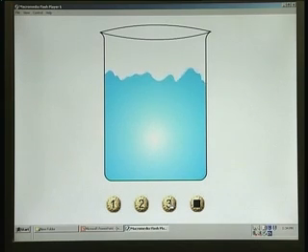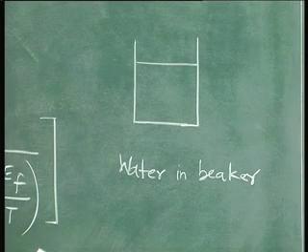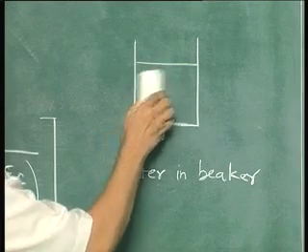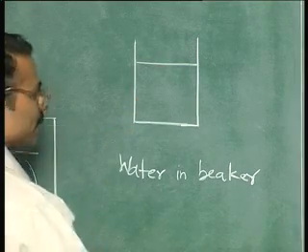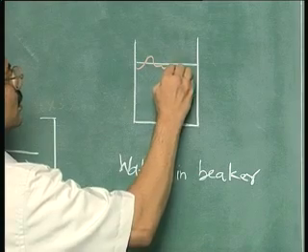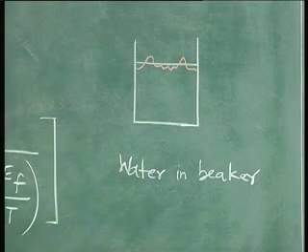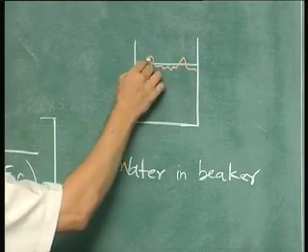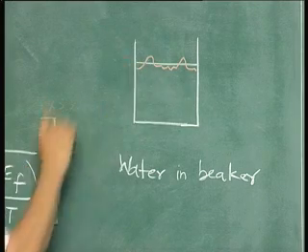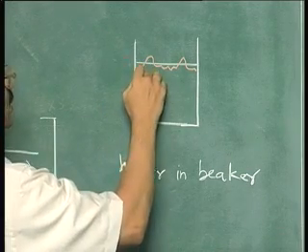So what we are saying here is, if this is the picture when no agitation is present, when agitation is present it would be something like this. So water from here has gone there. Now increase the agitation, it could be something like this.